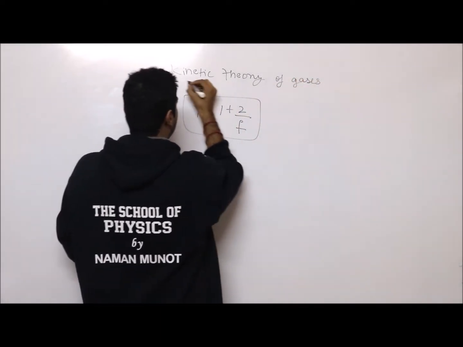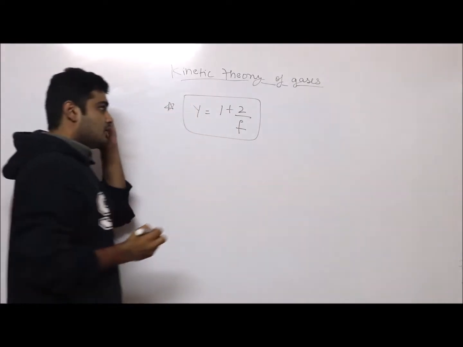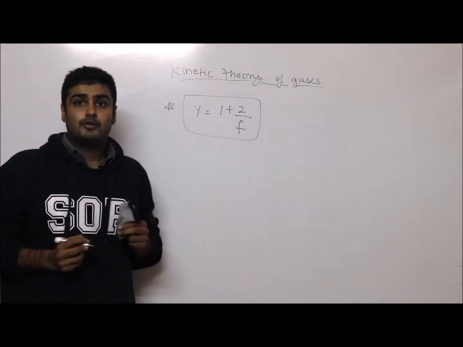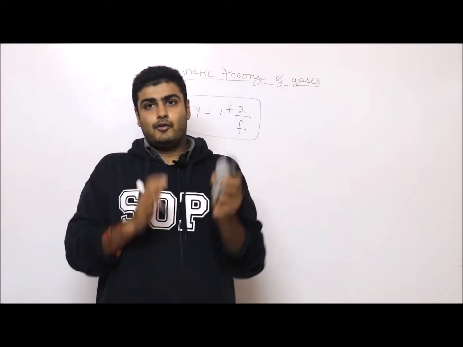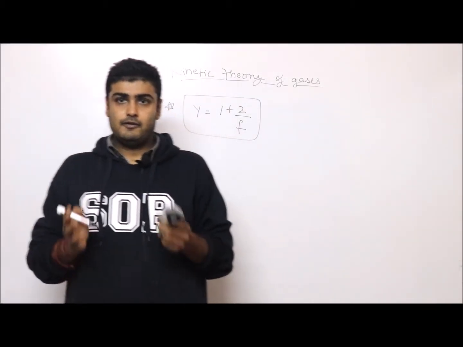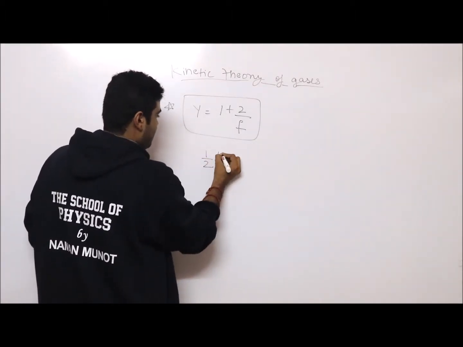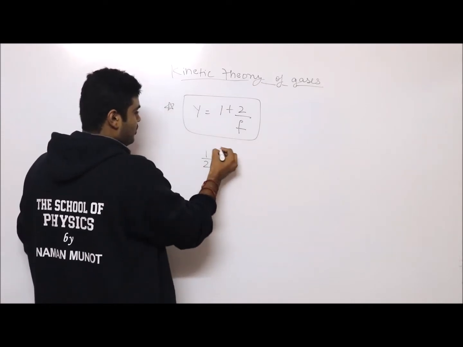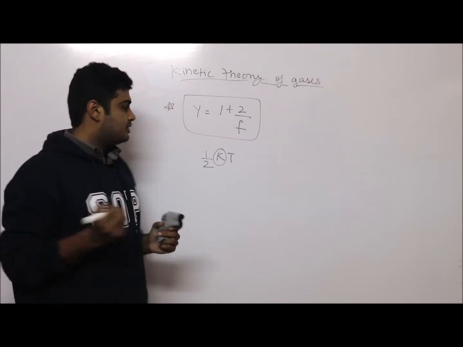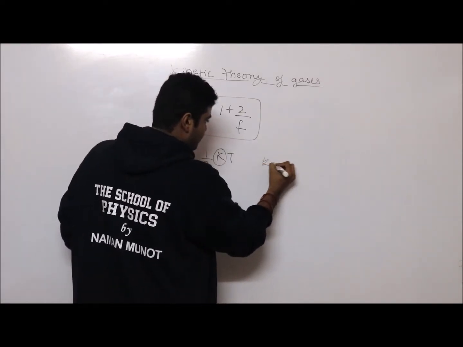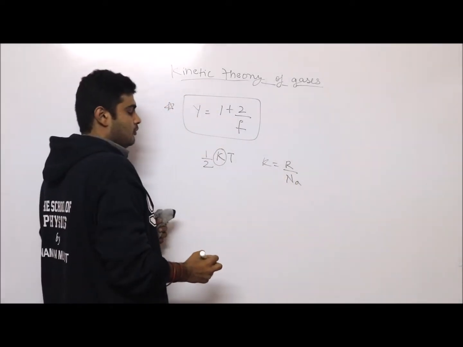To begin with kinetic theory of gases, first I would like to ask you, what is the law of equipartition of energy? The law of equipartition of energy says that with every degree of freedom F, there comes half kT energy, where this constant k is the constant we denote as R by N A. N is the mole number.